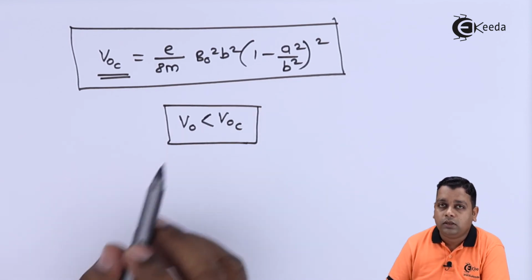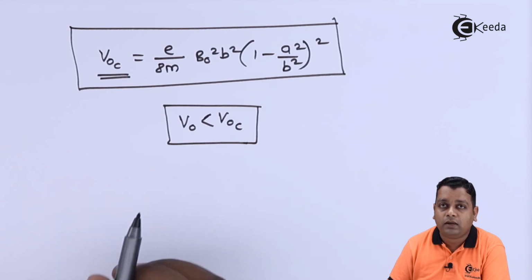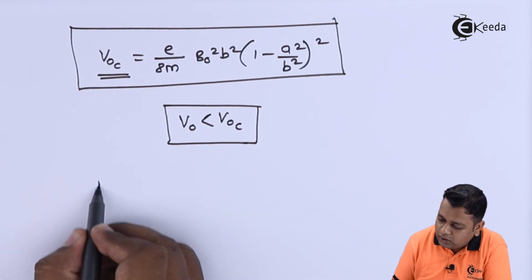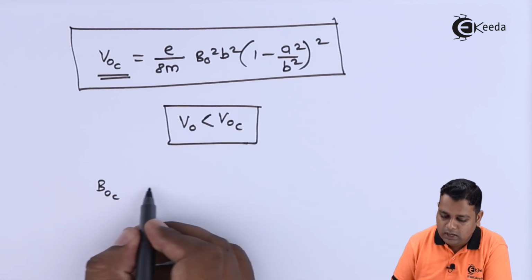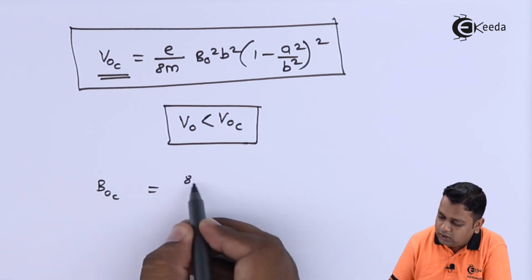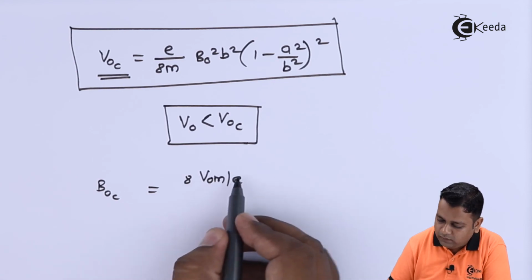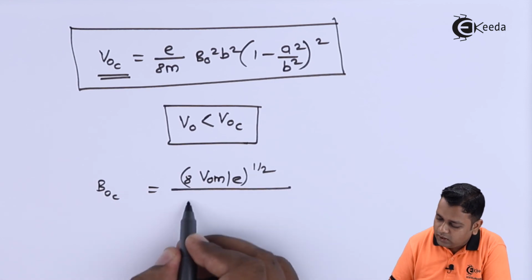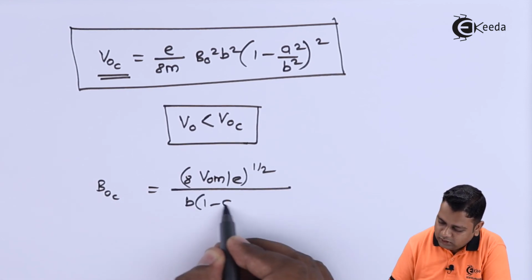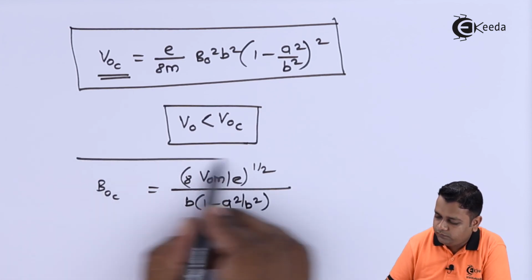Now from the equations above, we can also have the cutoff magnetic flux density. It can be expressed as B0 suffix C, given by the square root of 8 times V0 m divided by E, divided by b in the bracket 1 minus a square divided by b square.